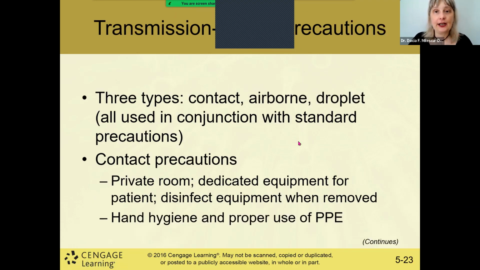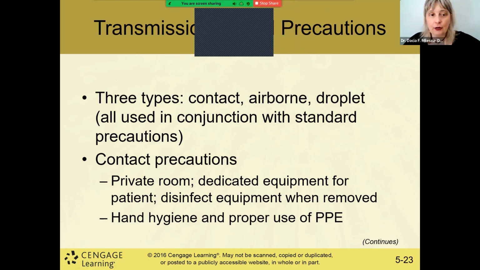All right, so the transmission types and precautions that we need to be aware of. The first precaution is you can get an infection via direct contact, airborne or droplet, all caused in conjunction with the standard precautions that we need to do, which is making sure that if there is an airborne infection, the patient is isolated.